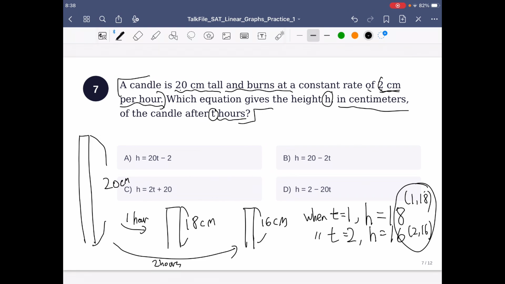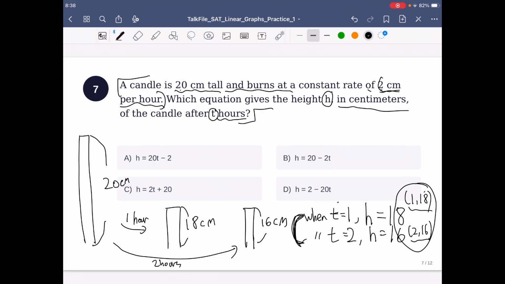But that's not actually how you solve this problem. You should be able to derive this equation just from this explanation. Then how? If you know these two coordinates, it shouldn't be difficult to find the equation.